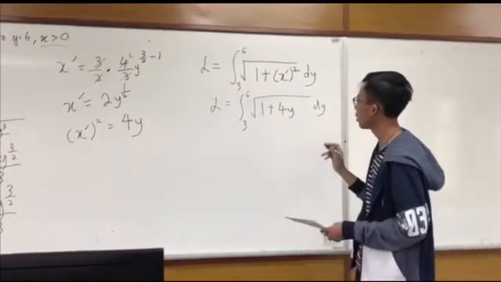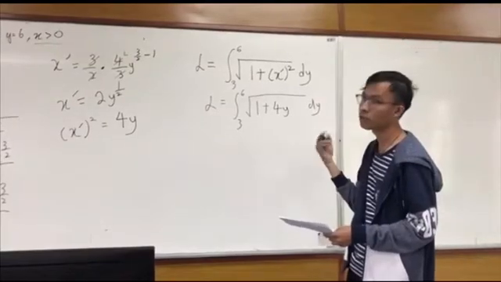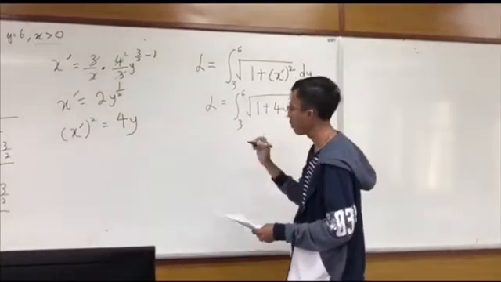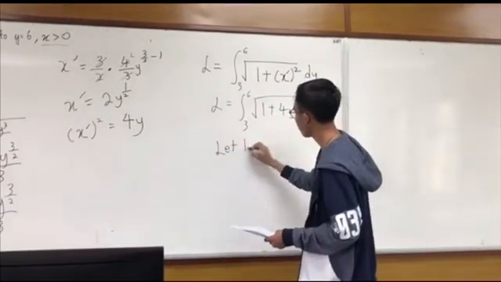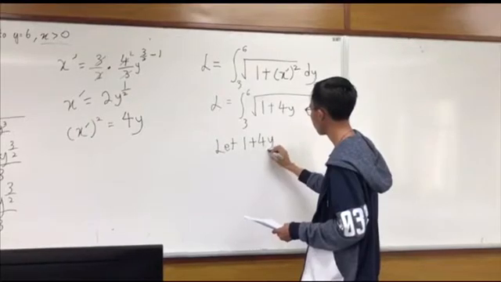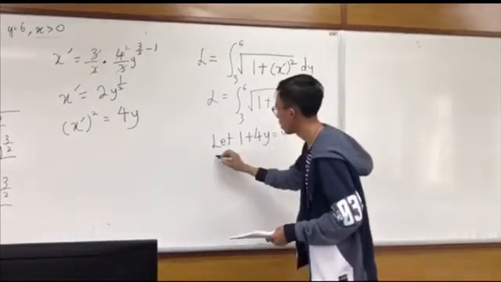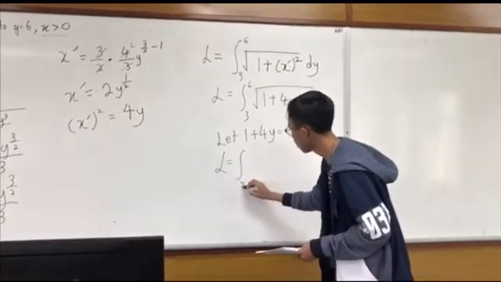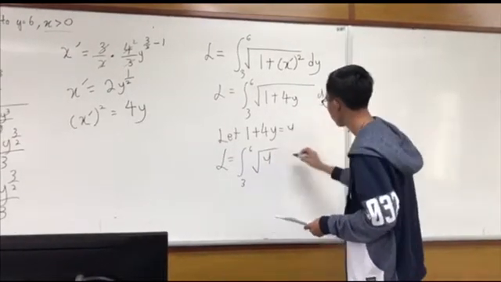Basically we will start here, and we have to use the substitution method. Firstly we let 1 plus 4y equal u. So the expression of L will become L equal to the integral from 3 to 6 of the square root of u dy.